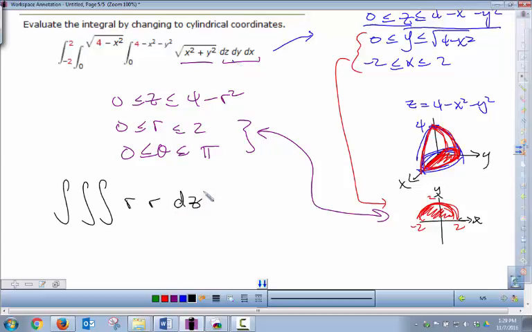Then we have dz, where z goes from 0 to 4 minus r squared, dr going from 0 to 2, and d theta going from 0 to pi. Okay? So this is manageable.